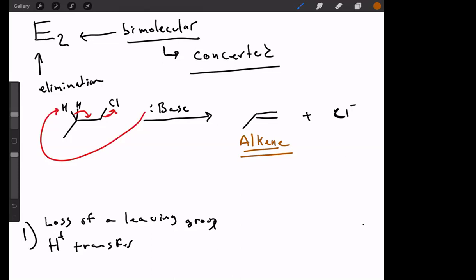The loss of the leaving group happens at the same time as the proton transfer. What we're going to learn is that in unimolecular reactions, Sn1 and E1, that's not concerted, they're stepwise reactions. The mechanistic moves happen in their own individual steps. But at the end of the day, the answer to your question is yes, all elimination reactions produce alkenes for our consideration.